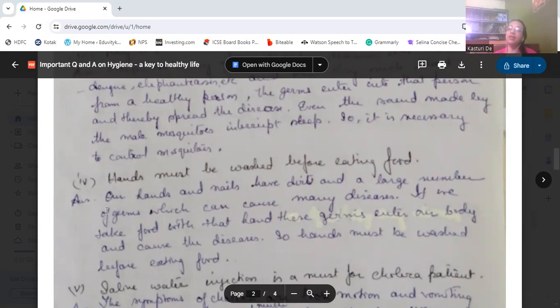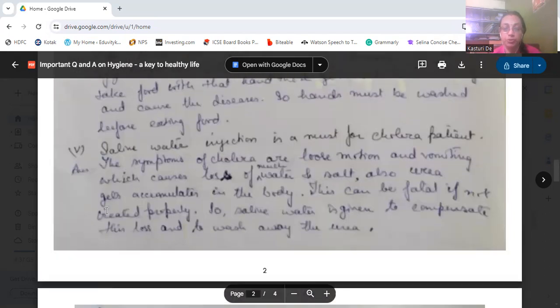And if we eat our food without washing our hands, then those germs which are present on our hands and nails will enter our food, and through that food they will enter into our body, and that can cause diseases. So hands should be washed before eating food.